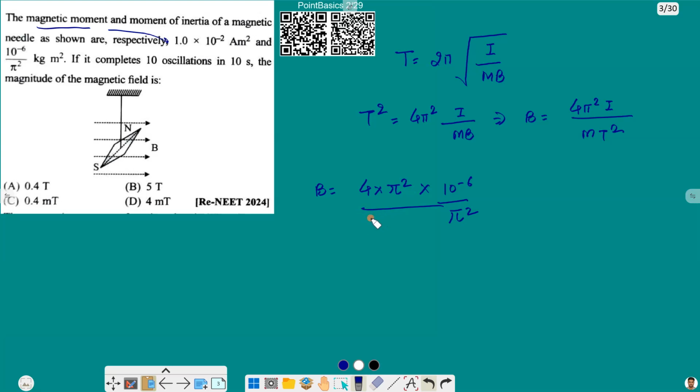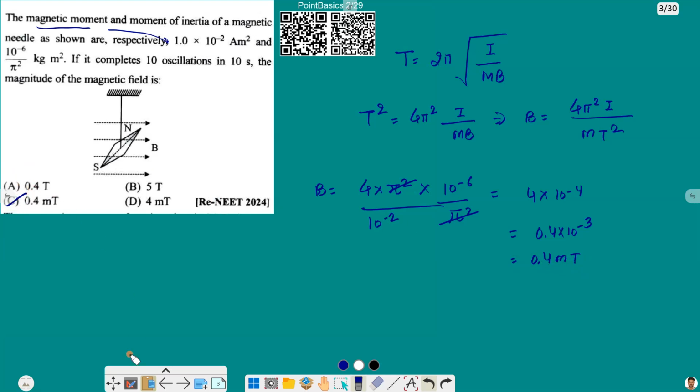Divided by M, that is 10 raised to power minus 2, and T is 1. So it will be 4 into 10 raised to power minus 4, or 0.4 into 10 raised to power minus 3. So it will be 0.4 millitesla. That is option C for us.